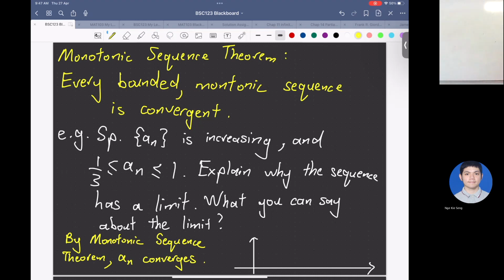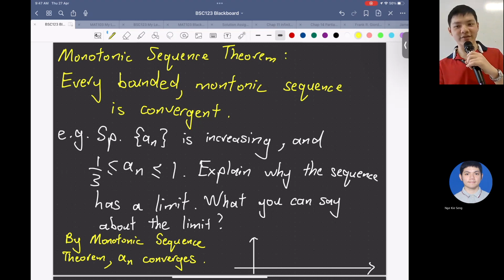Recall what we did just now. We showed that some sequence is increasing, and then we showed it is bounded below, and then bounded above, and we went and found the limit, right? 1 or 1/3.